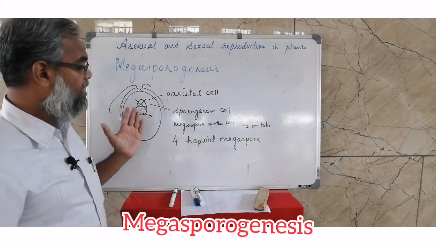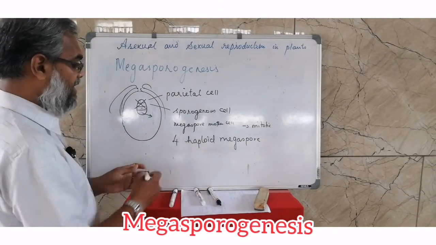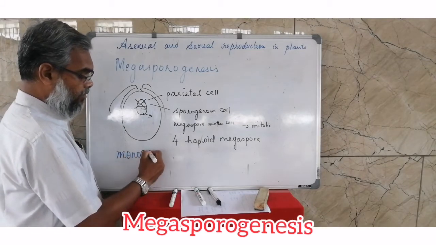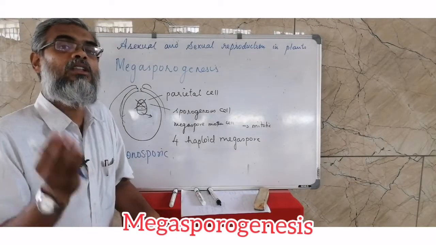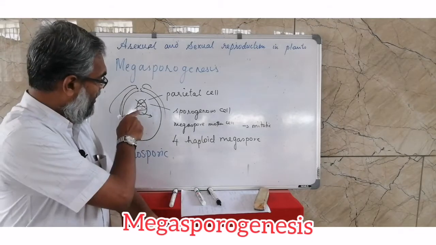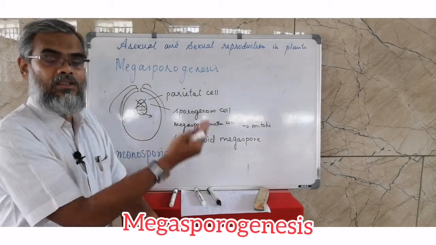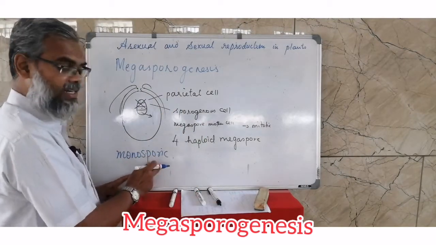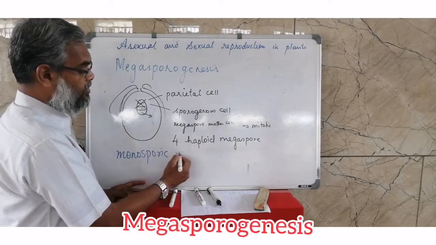Now, based upon this formation of the embryo sac, they are classified into monosporic. Monosporic means one cell among the 4 megaspores. Here you see 4 megaspores are formed. Only one cell became functional, isn't it? So if only one cell becomes functional, then that is said to be monosporic.